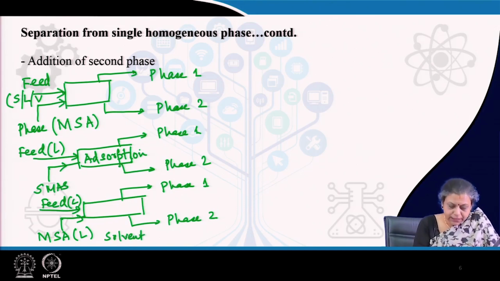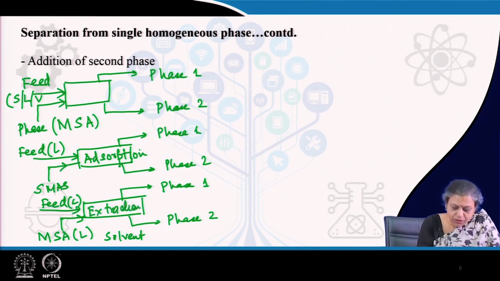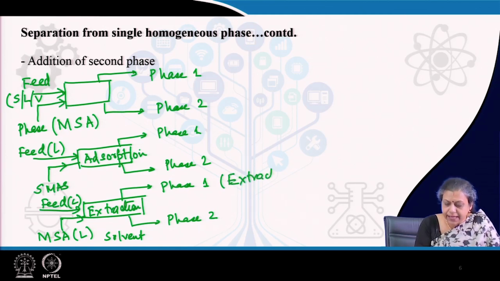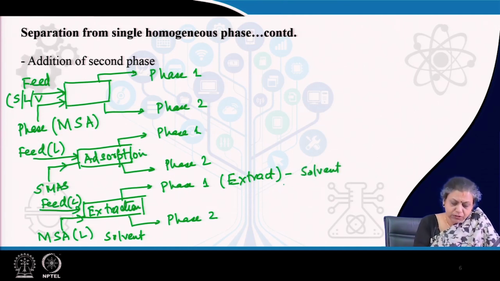This solvent extracts some particular components more than the other components, and the product which we get is normally known as the extract. The extract contains a greater portion of the solvent and maybe some portion of the main liquid in the feed, and a greater portion of the component which it is supposed to extract.